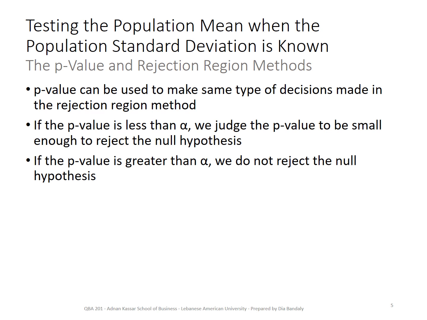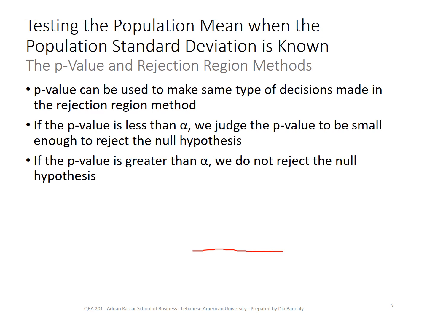All right. So for us, as we really don't know the background of the problems that we'll be using to practice our knowledge about hypothesis testing, we're going to use alpha as our criterion. In fact, the p-value approach can be used in a similar way to the rejection region method, right?